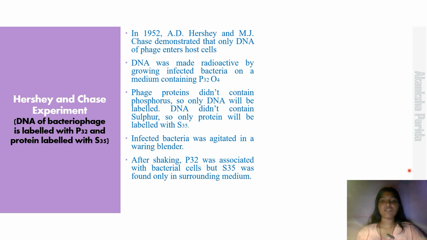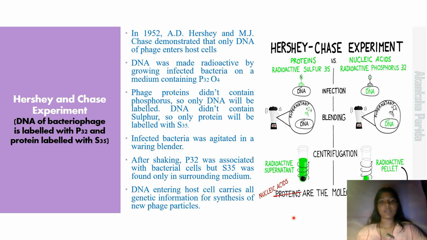So DNA was made radioactive by growing infected bacteria in the medium of P32, and the phage proteins didn't contain phosphorus. Only DNA will be labeled. DNA didn't contain sulfur.